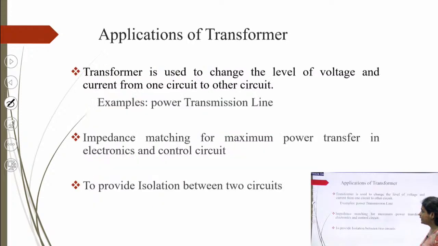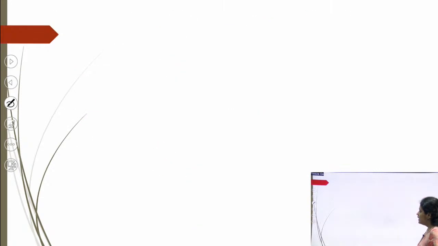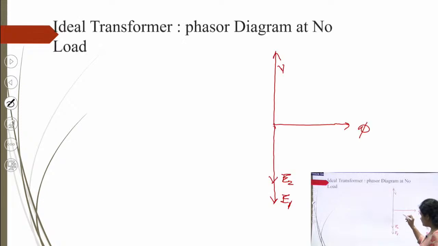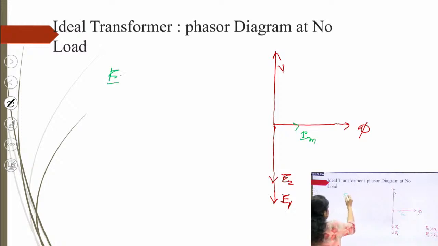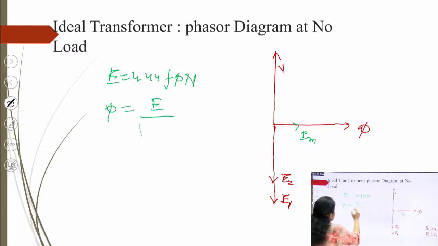So Im is always in the same phase with the flux, right. Because in the equation E equals 4.44 f phi N, phi is equal to E by 4.44 f N.